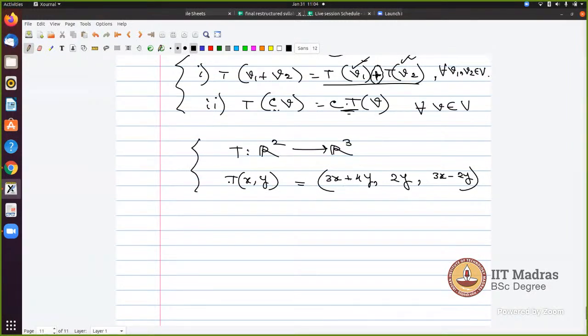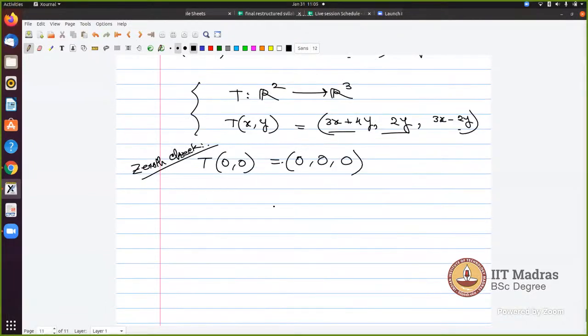Whenever you see something, you just check first whether 0 is going to 0 or not. What is T of 0 comma 0? This is just the first zero check. All zeros, right? So this is 0 comma 0 comma 0. So the zero check is satisfied. In some cases you will see that this will not go to 0, then immediately you can say this is not a linear transformation. That's why this should be checked first.